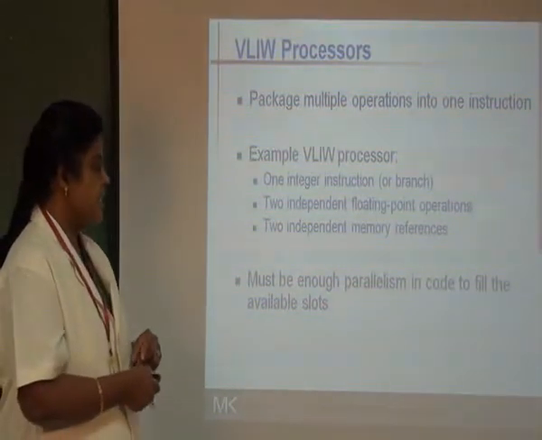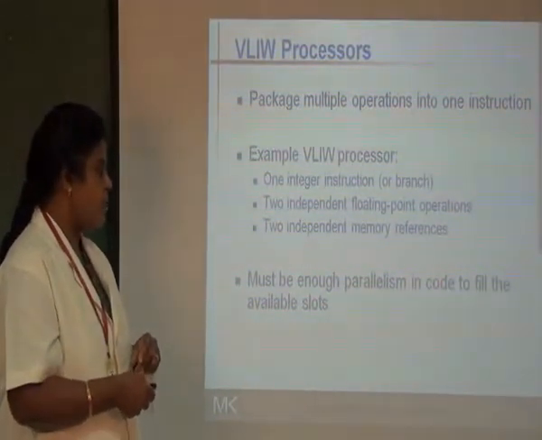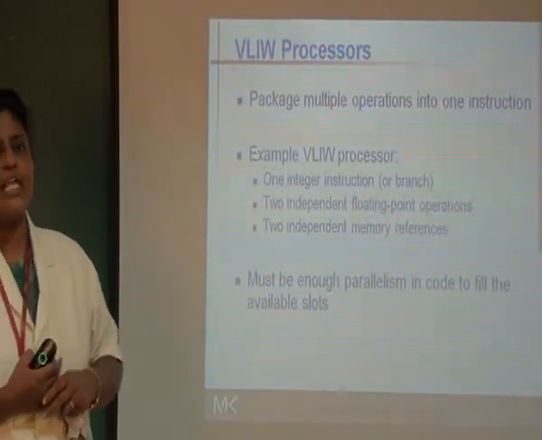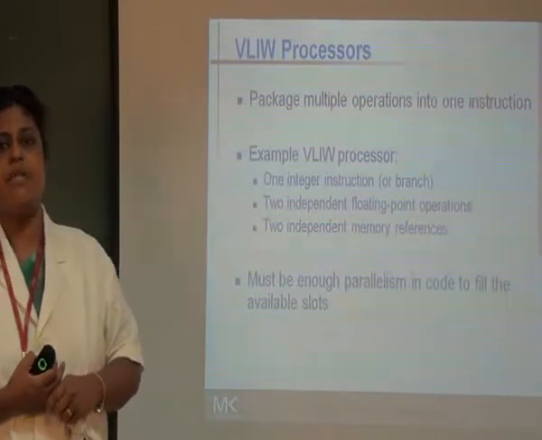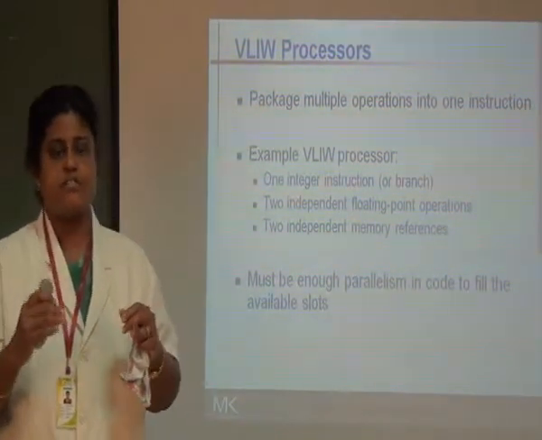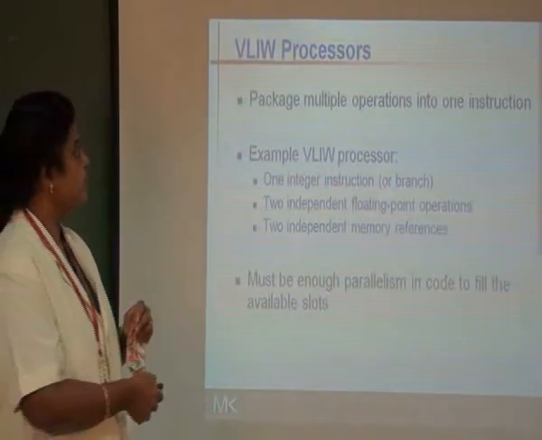But there must be enough parallelism in the code in order to fill the available slots. If you want to go for a VLIW processor, there must be enough parallelism available in the code or the sequence of the program.